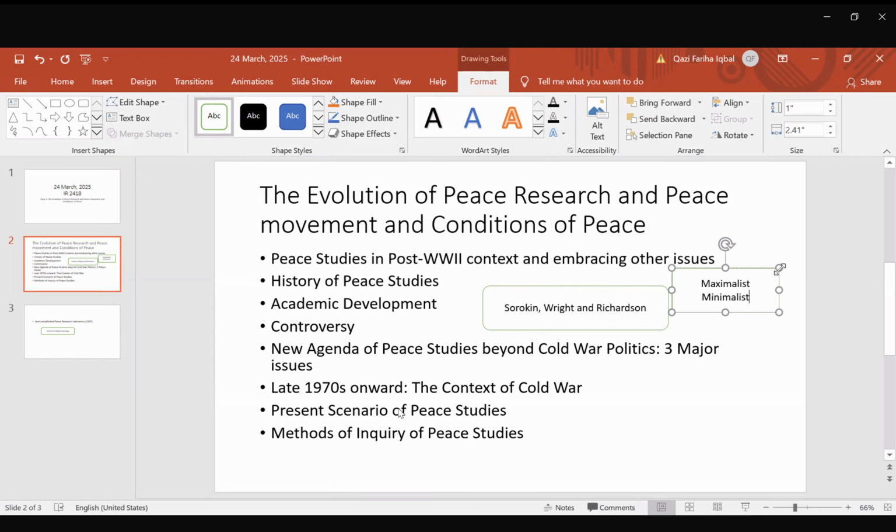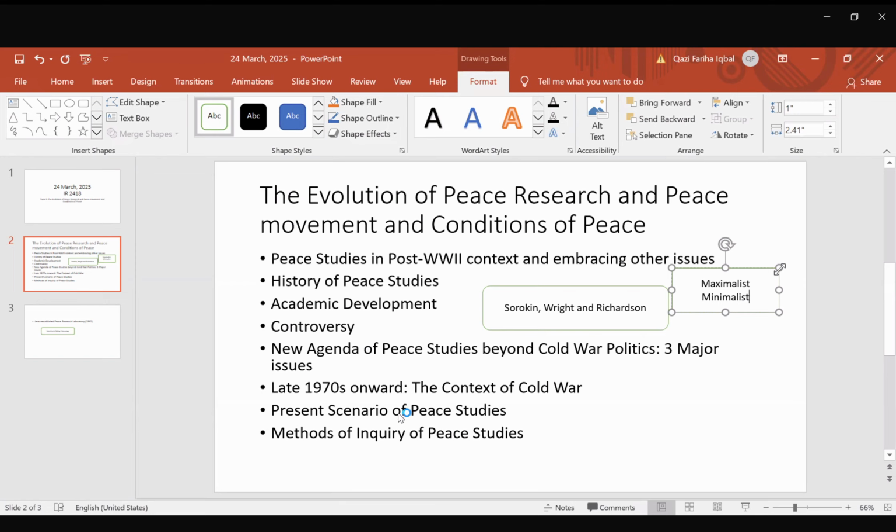Peace research was focused on that part. However, simultaneously, these three major issues were also part of the focal points, and that basically pushed the scholars to expand their area of studies. This happened simultaneously in the 1950s and 60s, and also in the 70s in the context of the Vietnam War.